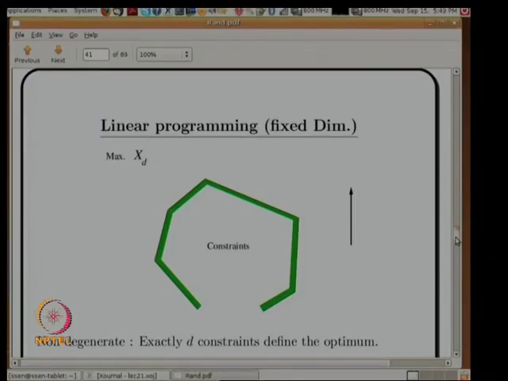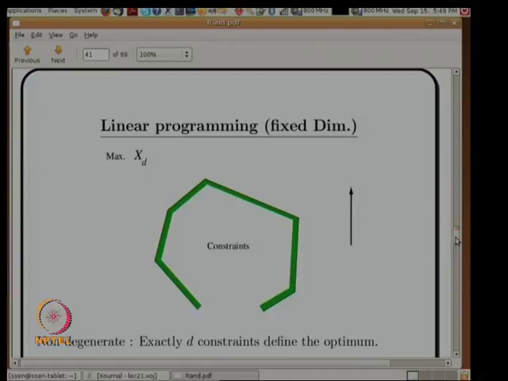Before I go into that, let me give you another nice illustration of backward analysis. A slight digression for 5 minutes, but I think it's worth it. Here is a problem that is very well known, the linear programming problem, and you can view this as very much a geometric problem.